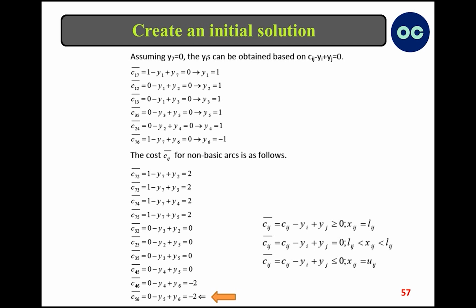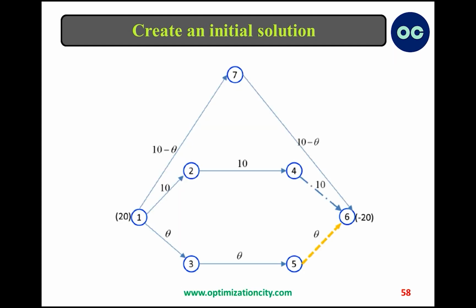Because arc 5, 6 is at the lower bound and does not meet the optimality condition, again it enters the base, and let's determine the output arc using this process.